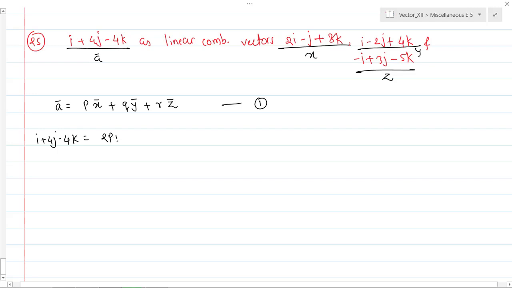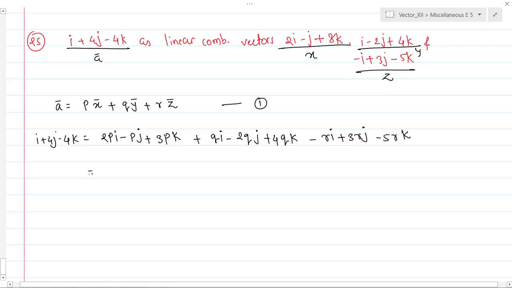So substitute. i plus 4j minus 4k is equal to p into, I will directly write now, 2pi minus pj plus 3pk. Then we have plus q into y, so it's qi minus 2qj plus 4qk, minus ri plus 3rj minus 5rk.